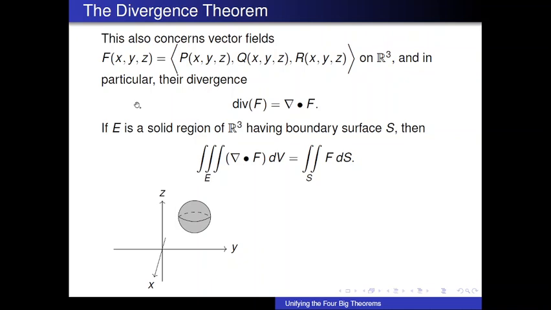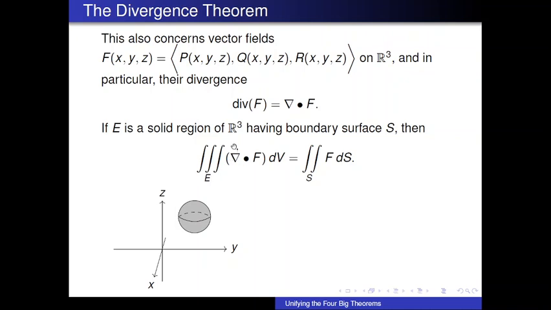Then this theorem said that if E was a solid region of three-dimensional space whose boundary was a surface S, then the ordinary triple integral over E of the divergence of f is equal to the surface integral along S of just the vector field f.